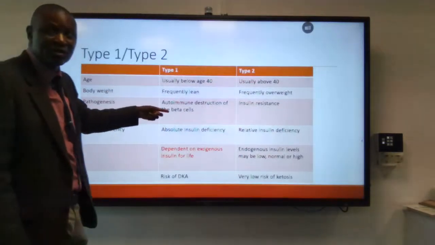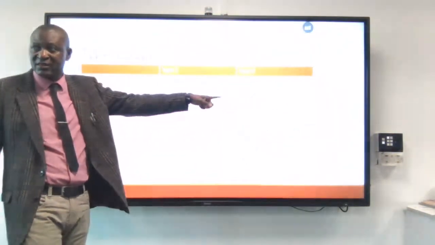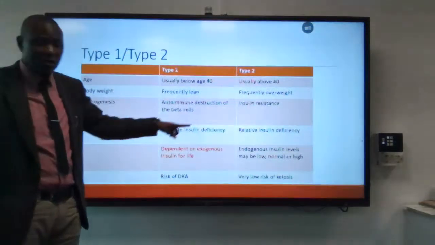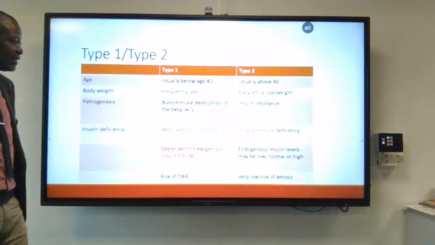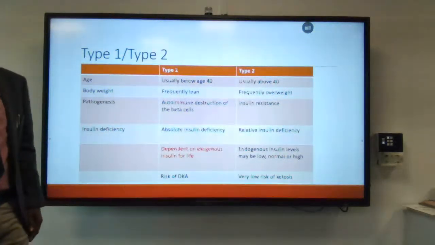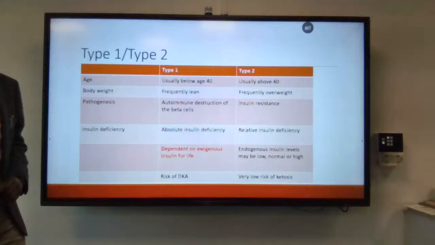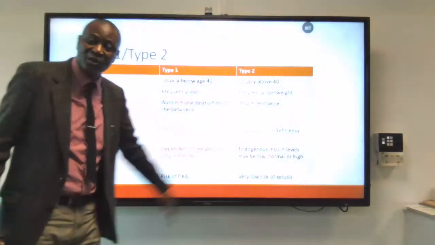Type 1 is autoimmune destruction; type 2 is not autoimmune destruction. It's insufficient insulin or resistance. Type 1 is absolute deficiency; type 2 has some degree of insulin relative deficiency. And definitely type 1 people depend on external insulin, but type 2 people may not need it.